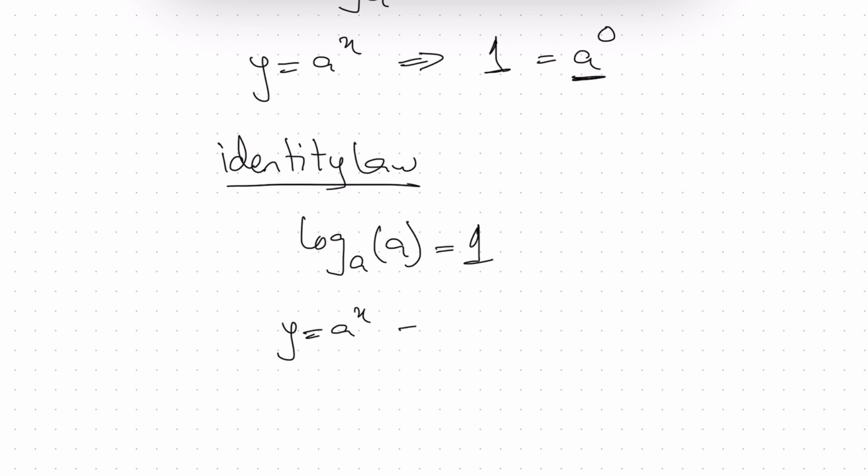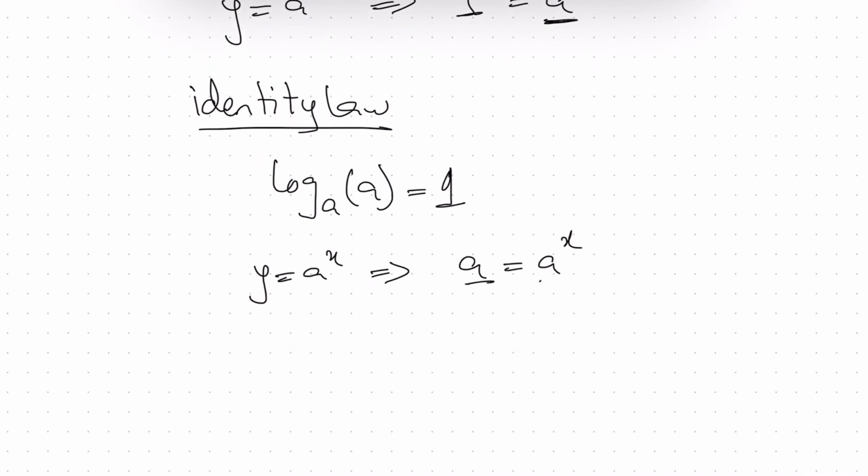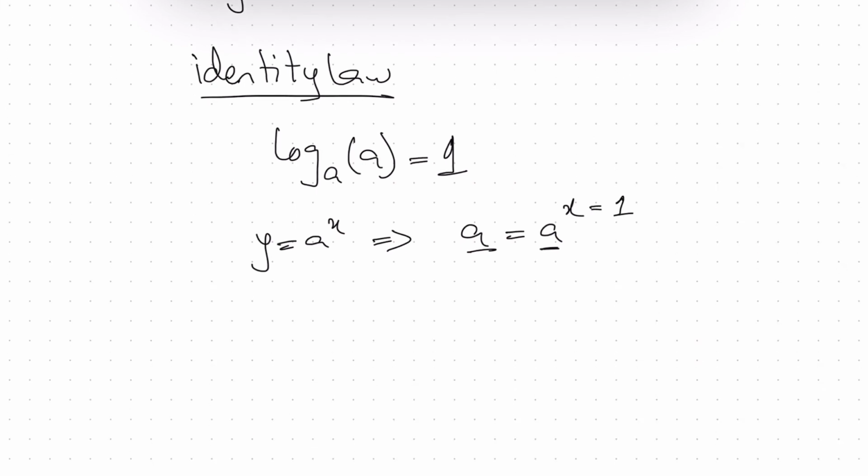So if we map this, what this basically means is that a equals a power x, okay? And whenever this is equal, it will only happen when x is equal to 1, okay? That's why we have this identity law.